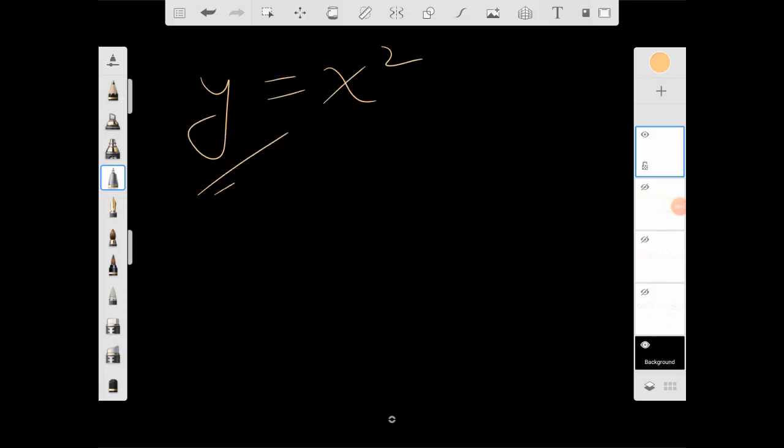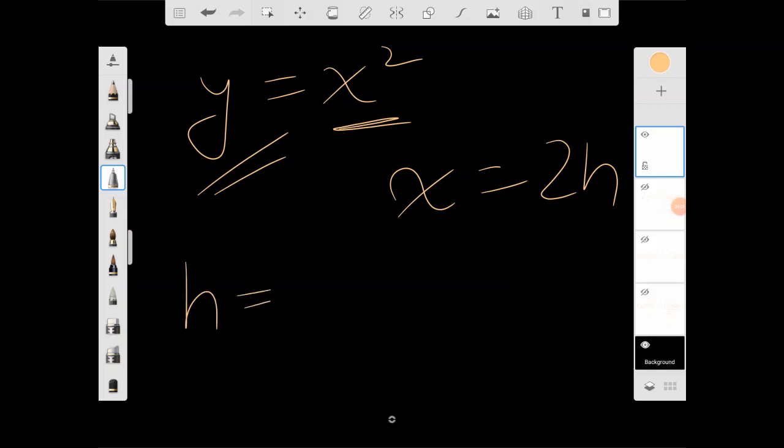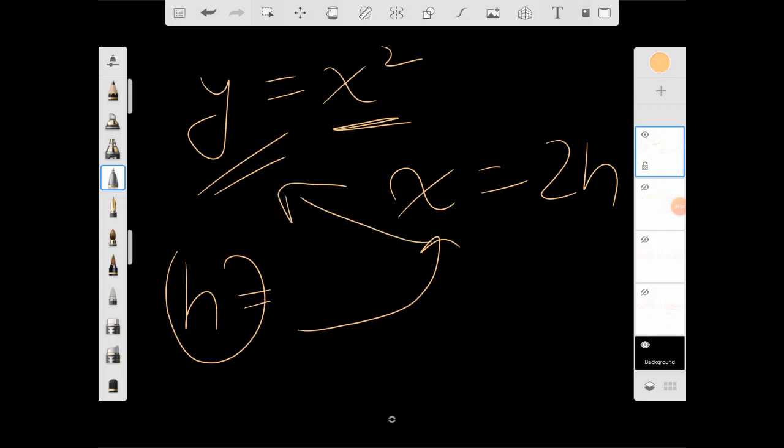To find y, I always need x, right? But suppose I have another equation, x is equal to 2h, and h is given to me. Then from this I can find x, and from this I can find y, right? So how many formulas you should use depends on the data that you know.